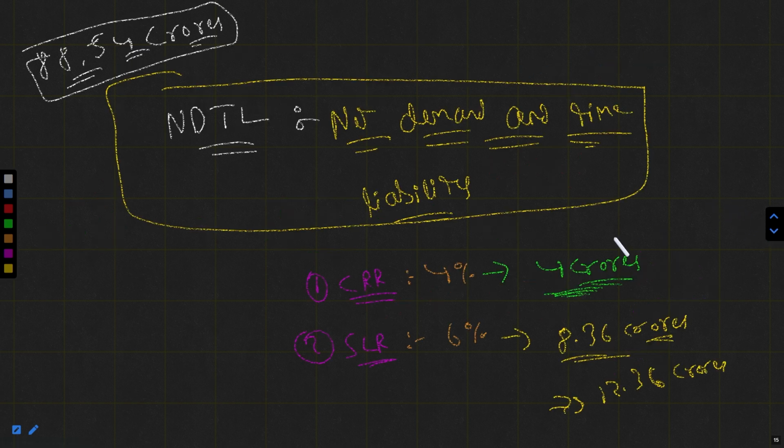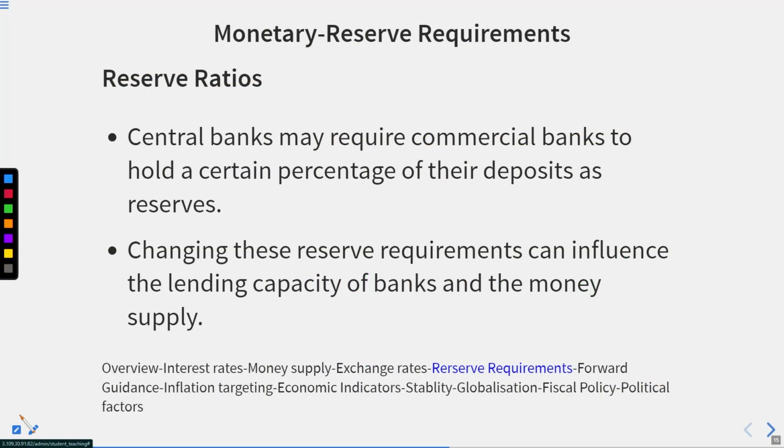All right. So what makes the bank capable of granting loans and also maintaining the NDTL? This is decided by the level of inflation or deflation.